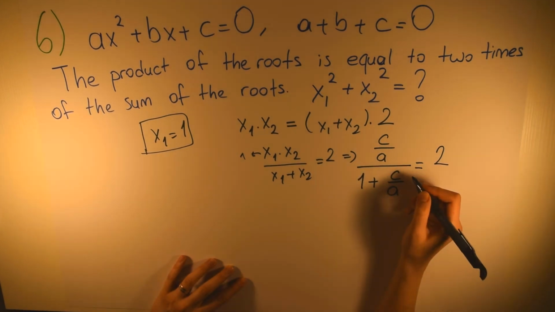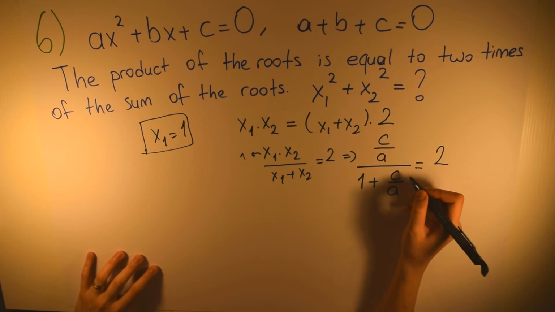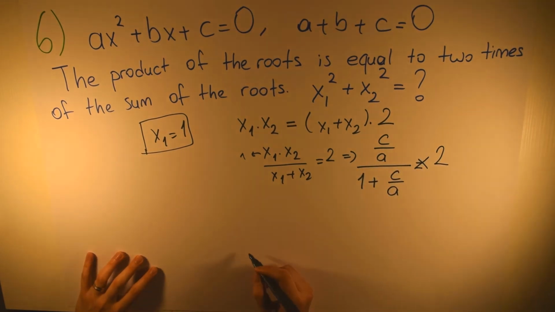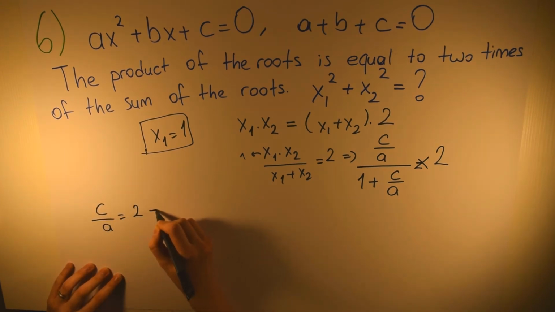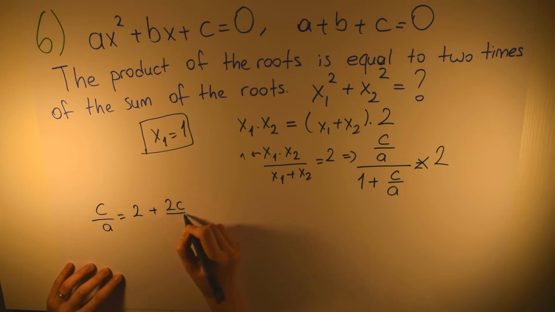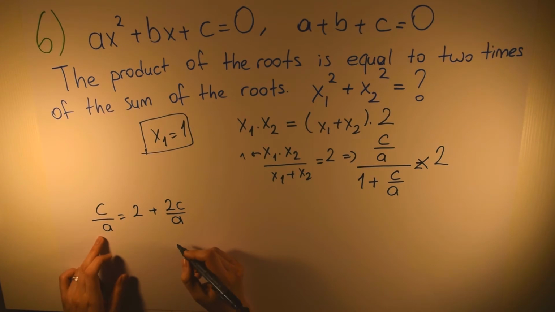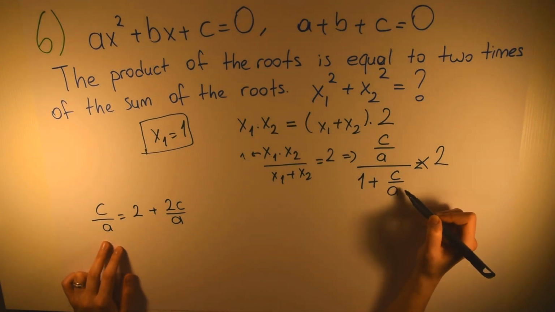So let's do cross multiplication, it's easier. So here we have c over a is equal to 2 plus 2c over a.